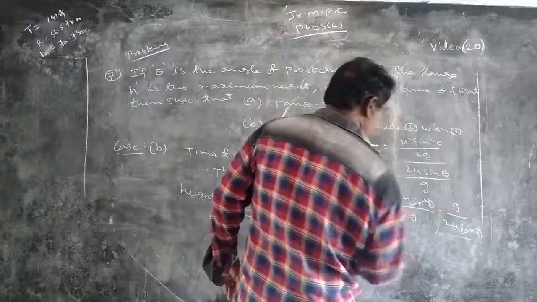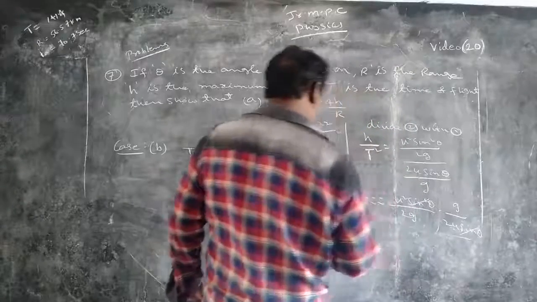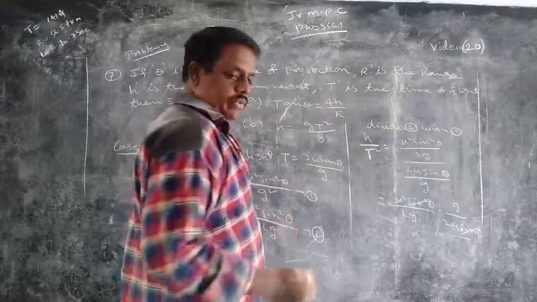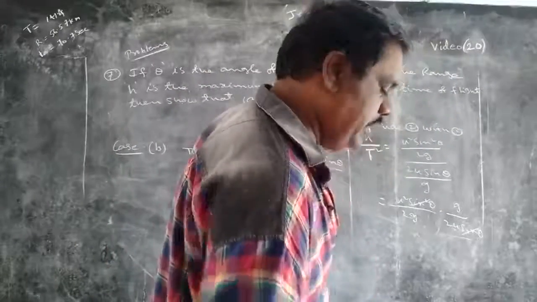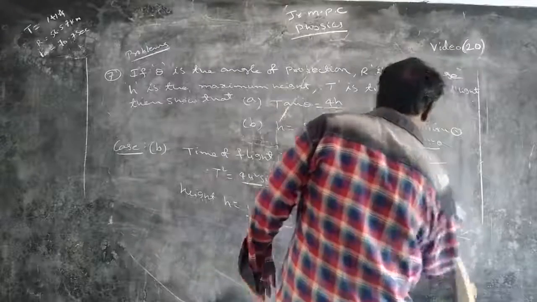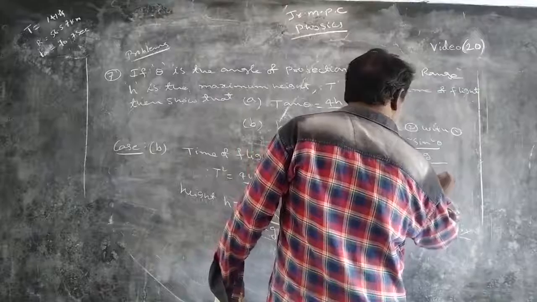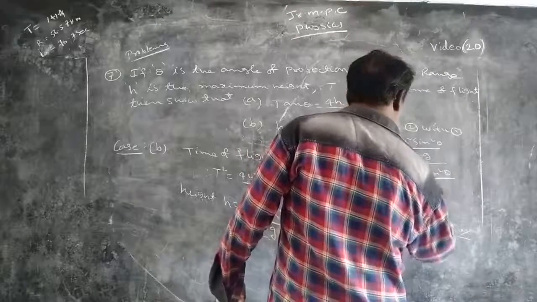Here sin also cancels. Sorry, here we have to substitute the t square value, not the t value. Once again, the t square value will be 4u square sin square theta by g square.